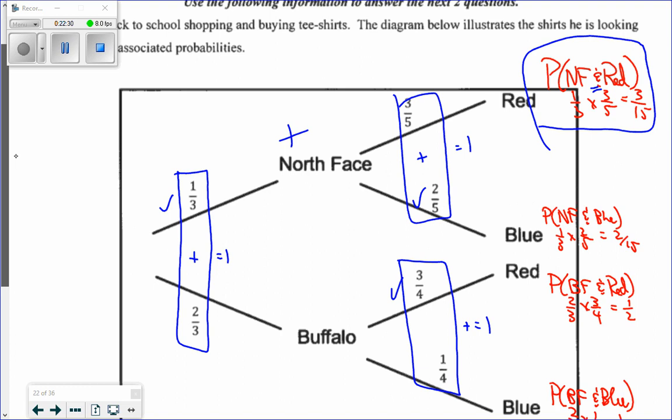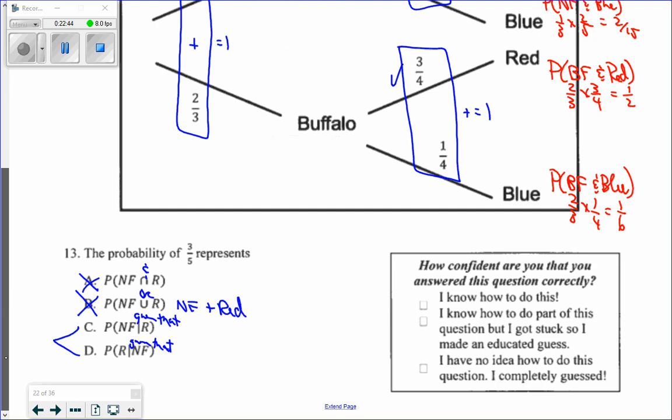You got to 3/5 after you have already decided to buy a North Face. So you've decided to buy a North Face, and now you're going to make it red. So essentially what you're saying is that 3/5 represents a red shirt given that you've already decided that it's going to be North Face. So it's this answer. That's the right one.